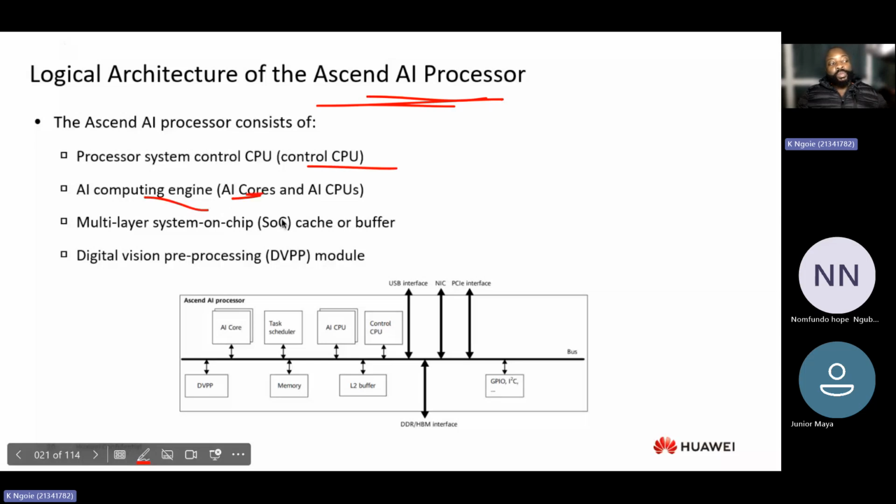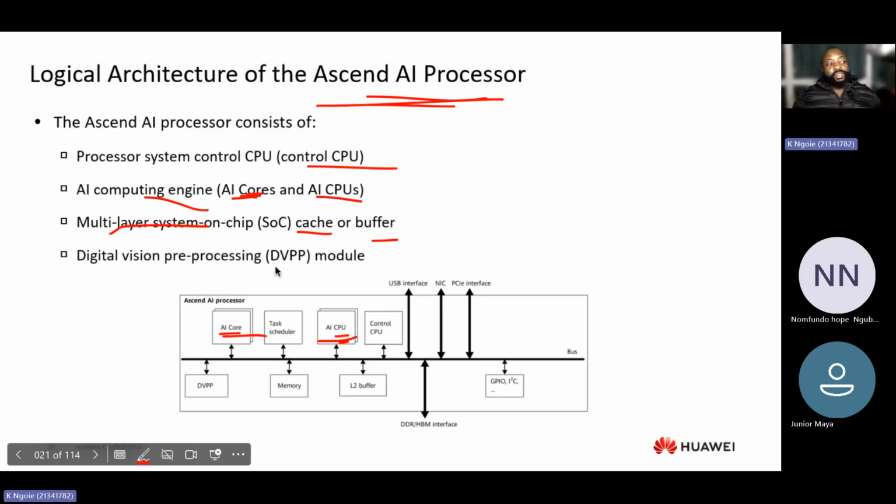There will be an AI core and AI CPUs as part of the processor. The AI core is kind of the brain of the processor itself. And then we have the multi-layer system on chip, which will deal with all the cache and the buffers. So these are the architecture of the Ascend processor.